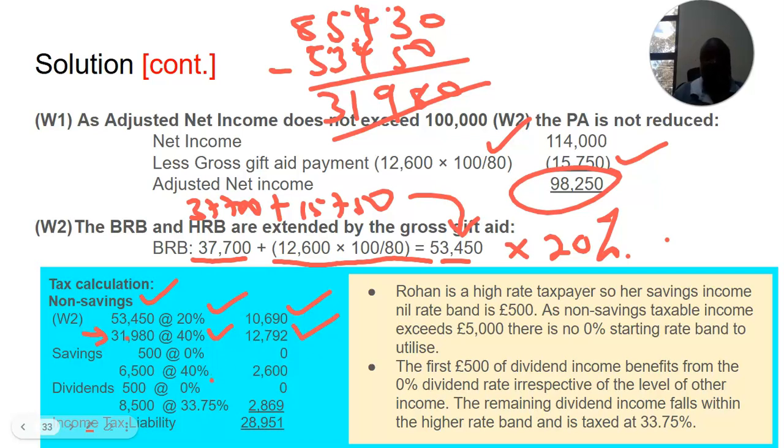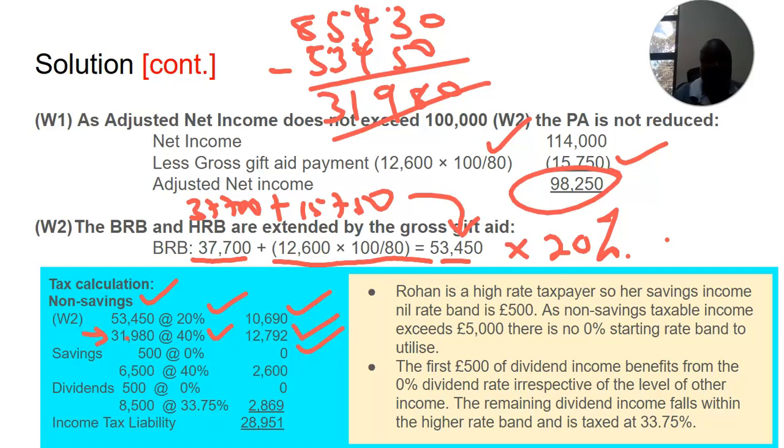The savings income, this guy is within the higher rate, so he is no longer entitled to the 1,000 deduction, but he can utilize the 500 pounds at 0%.